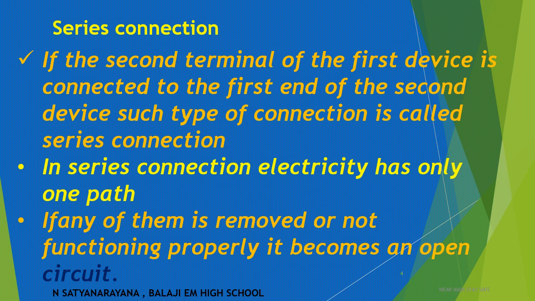Tell me, does the bulb glow? No. The bulb does not glow, because the circuit becomes open. So in the series connection there is a defect. When one bulb is not working, the entire connection does not work properly. So that is about the series connection.